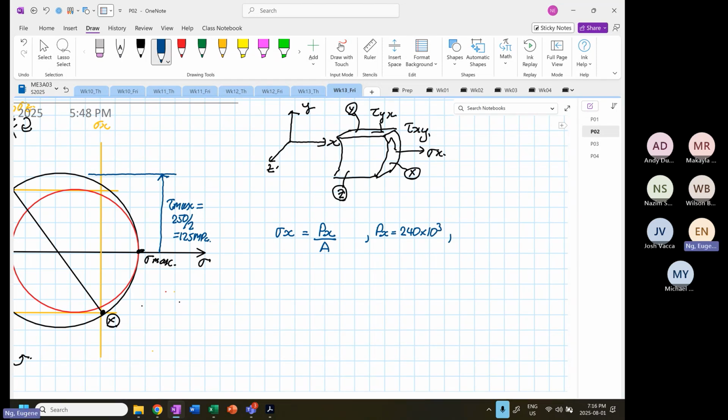And we now have to calculate the area, which is equal to pi r squared. So we have pi, and then the radius that we know is 38 divided by 2, which is 19.